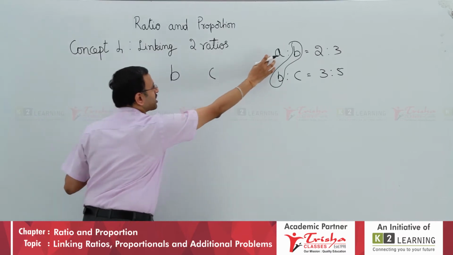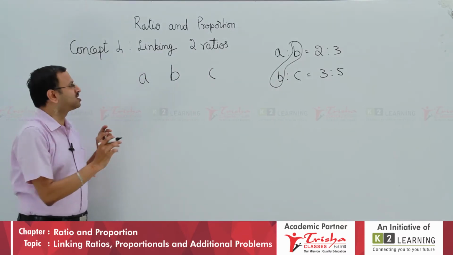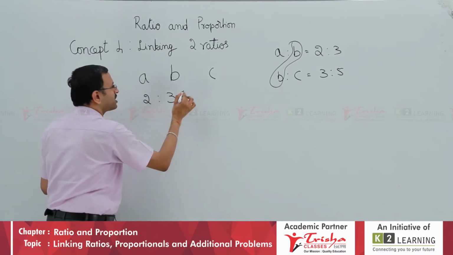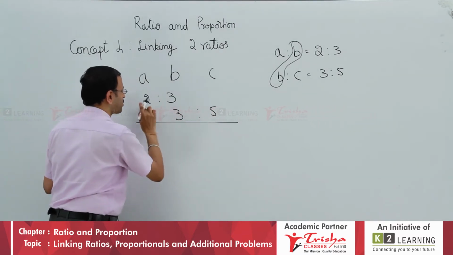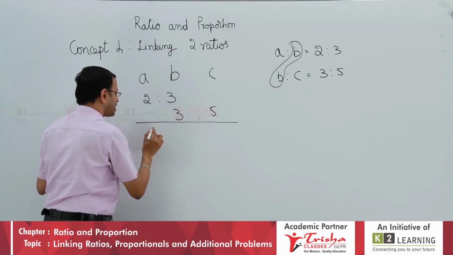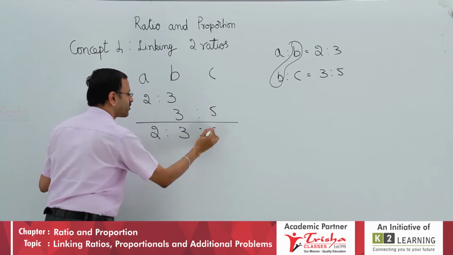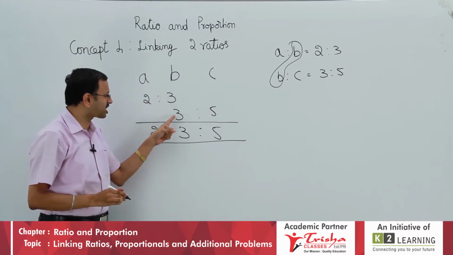If A is common in both, you write A in the middle. The common element should be in the middle. So A is to B is 2 is to 3, B is to C is 3 is to 5. So the common ratio is 2 is to 3 is to 5.